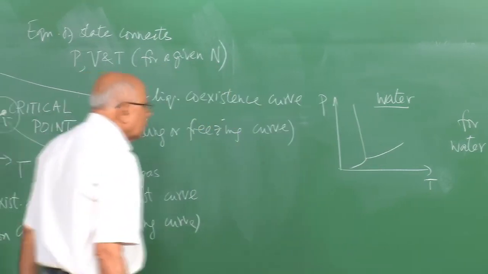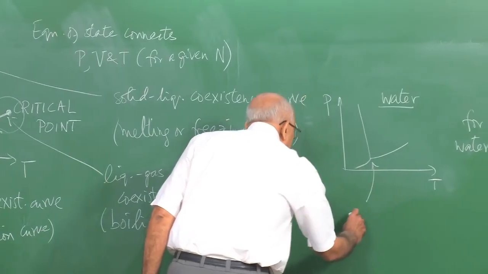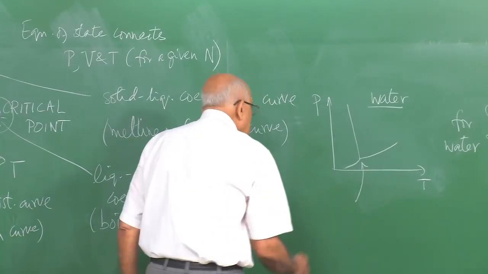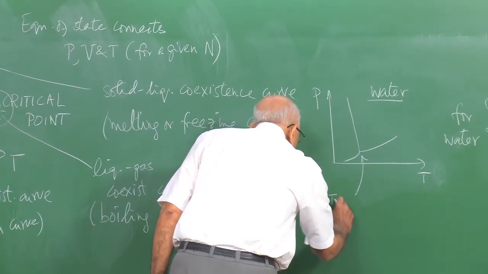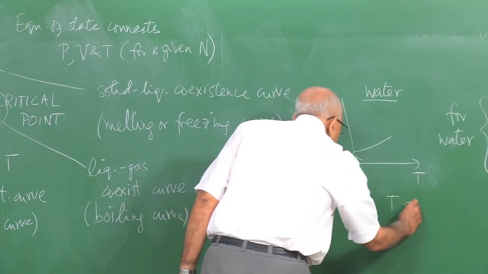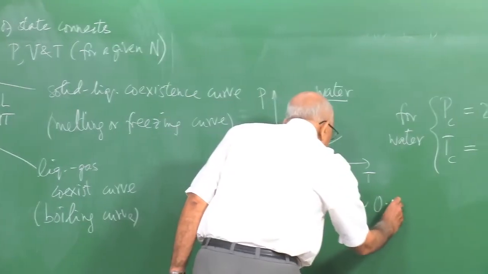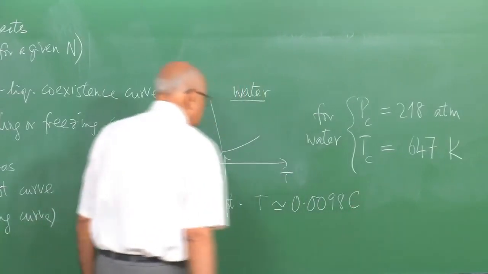Okay. The triple point is at a very low pressure, and the temperature T triple point is of the order of, if I remember right, 0.0098 Celsius.